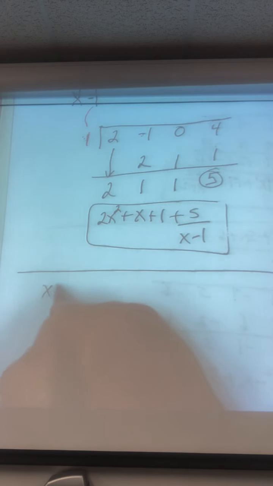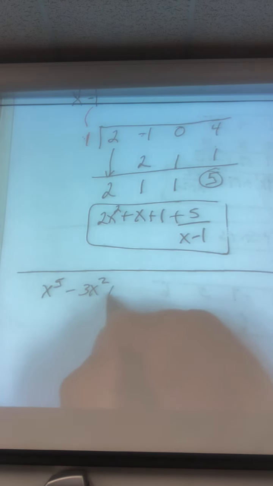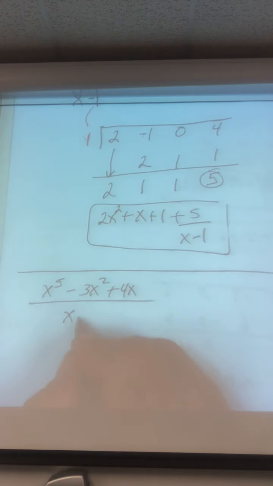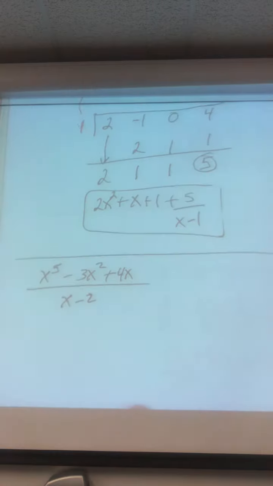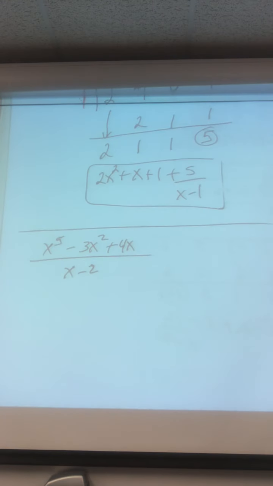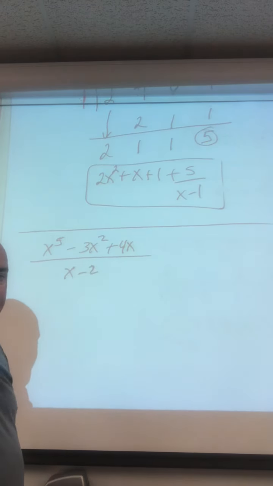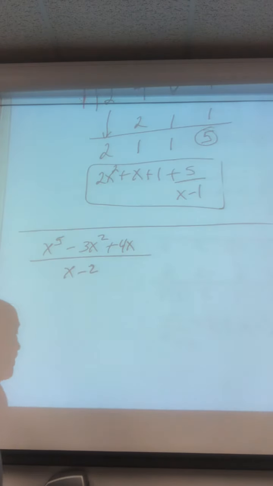So let's do x5 minus 3x2 plus 4x over x minus 2. So let's do this one last one. Okay, notice x5, x2, x1. So is it in descending order?